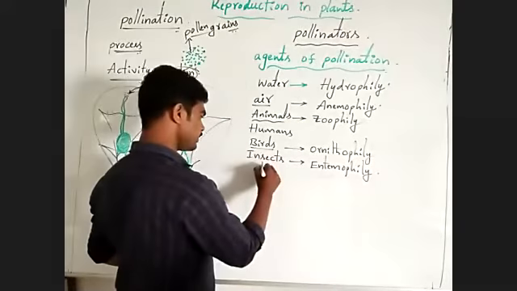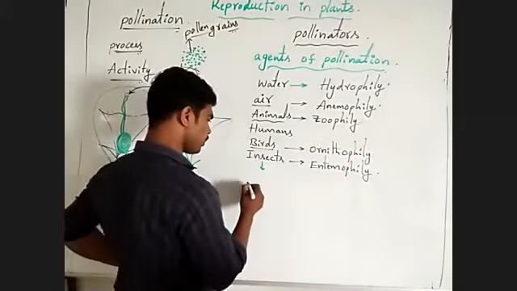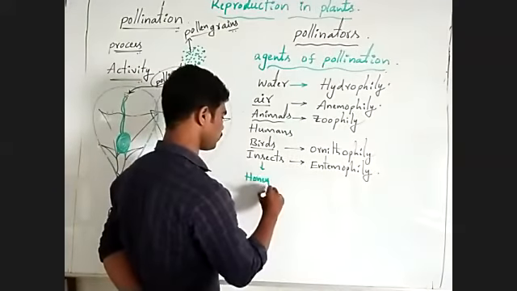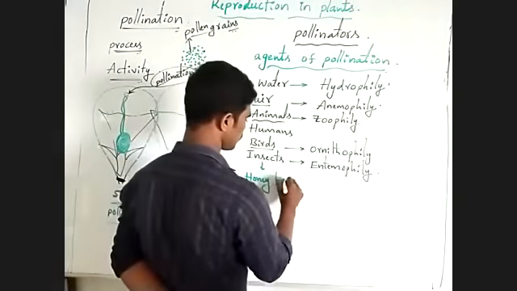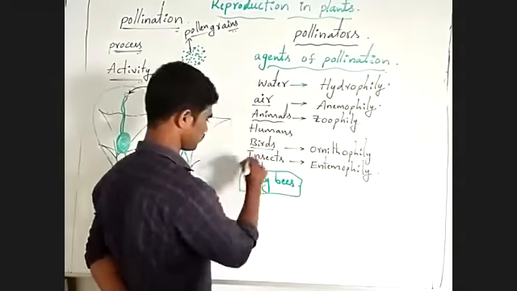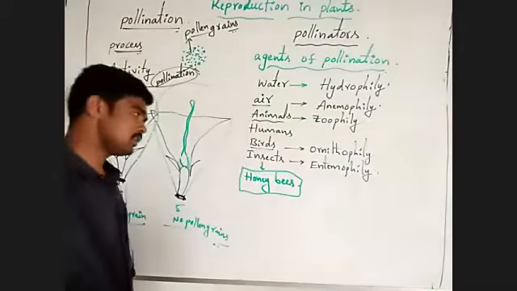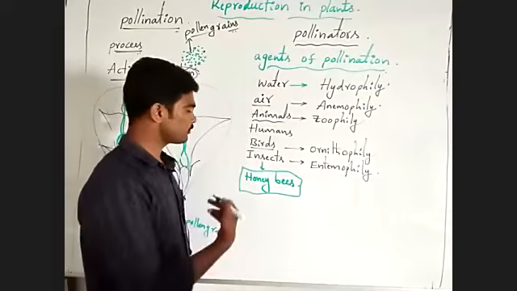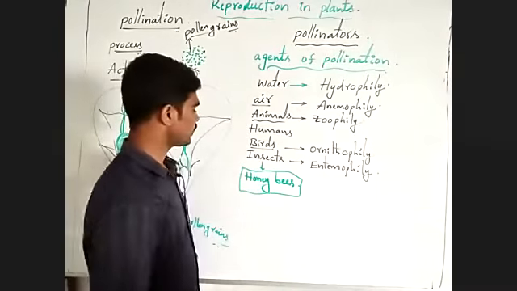Usually, among insects, the main important pollinators are honeybees. These are the best pollinators for the majority of plants.